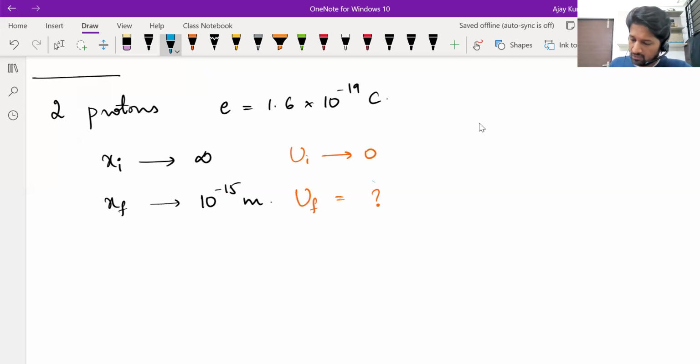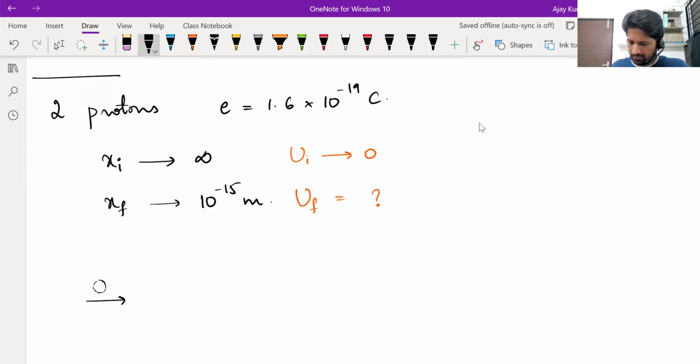So if you can find out how much potential energy is needed, see, when they come that close to each other, some amount of potential energy should be there. This potential energy has to be initially in the form of kinetic energy. We have to give that kinetic energy to the protons so that as they come closer and closer, they lose that kinetic energy and it gets converted to potential energy. So basically, this is the idea.